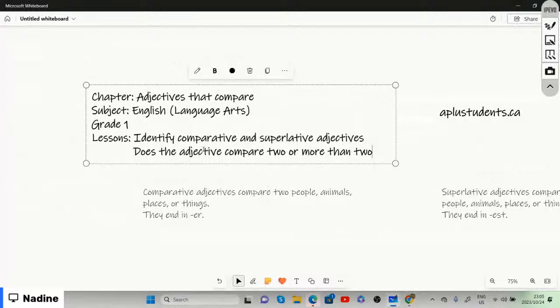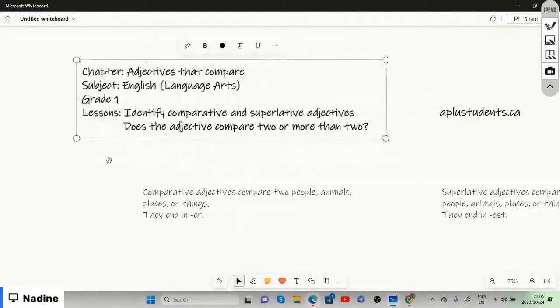The lessons that we are focusing on today are to identify comparative and superlative adjectives, and does the adjective compare two or more than two? So that is going to be our focus for today. As much as we did adjectives that compare last week, we are going to do a continuation because there were one or two of the lessons that we did not do.